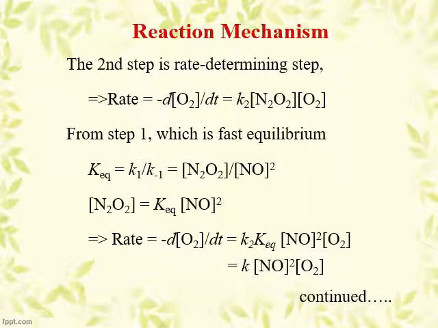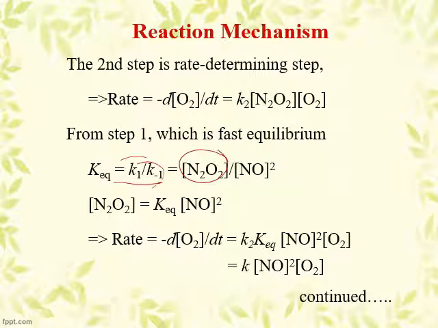Based on the first step, we write the rate law expression like this, because the arrow is pointing in both directions. So we have k1 and k negative 1. This has been done for you. Then we put them on one side, so we have N2O2 over NO squared.